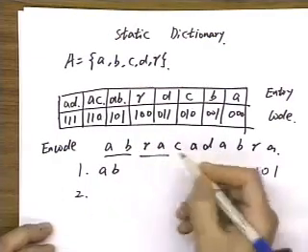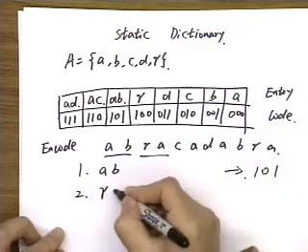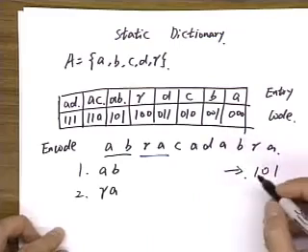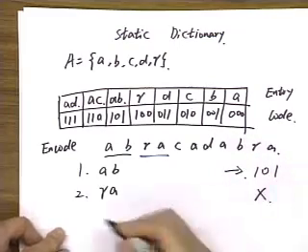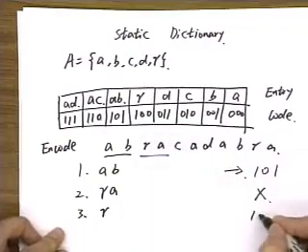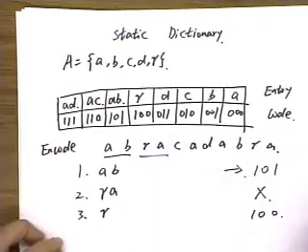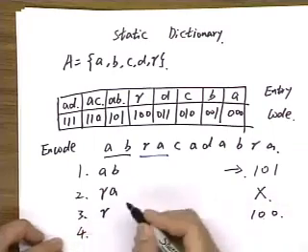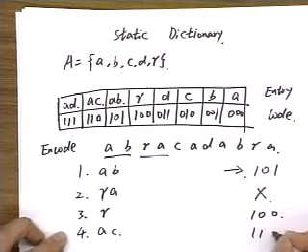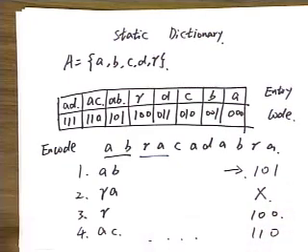And then we read RA here. And we look up RA in the dictionary, but we cannot find an entry for RA. So we just look up R instead, and R is 100. And then we can look up AC. AC has an entry we can code, and it just goes on.